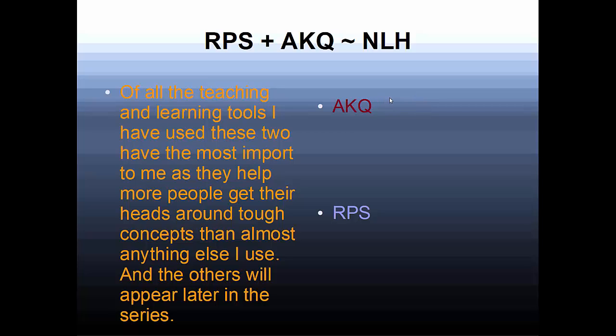And I think in a lot of ways, it is fair to say that if you know just the rules of no limit hold'em, and you understand rock, paper, scissors, and the ace, king, queen game, and what they have to say about strategy, then you are really, really far ahead of people who don't have those.